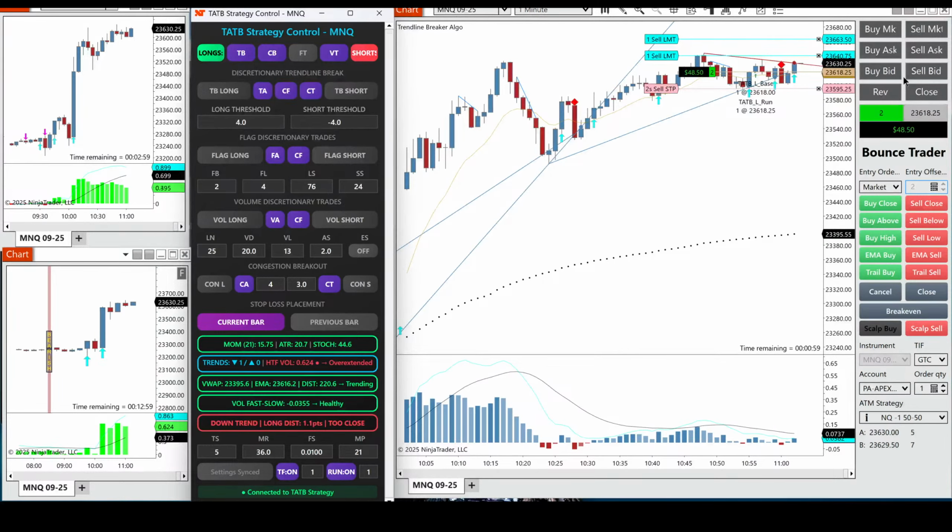Volume up setup. Okay, see, so now we're also trend line break, maybe. I feel like it should go a little bit more up to take profit.